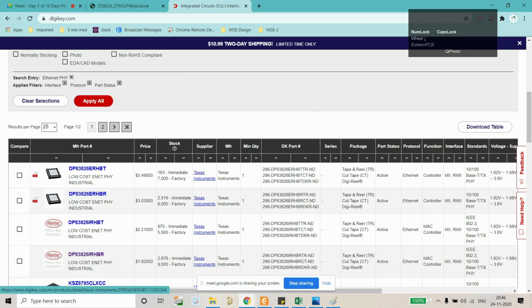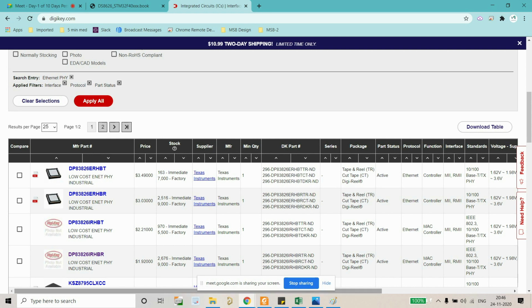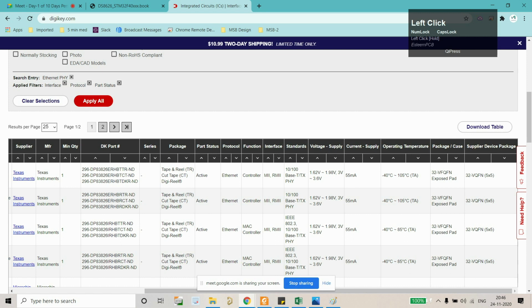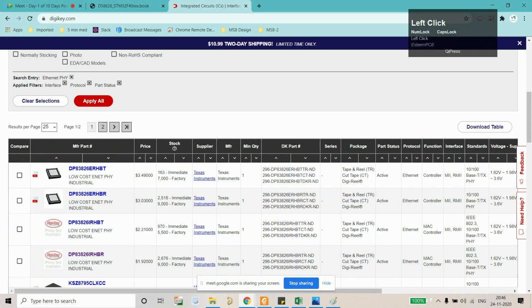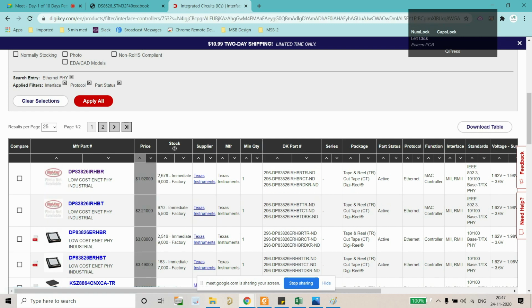So what I do is, all these are chips which have all these features and all these parameters which are normally common. Out of these, I filter chips on the basis of price. Obviously price is an important factor.